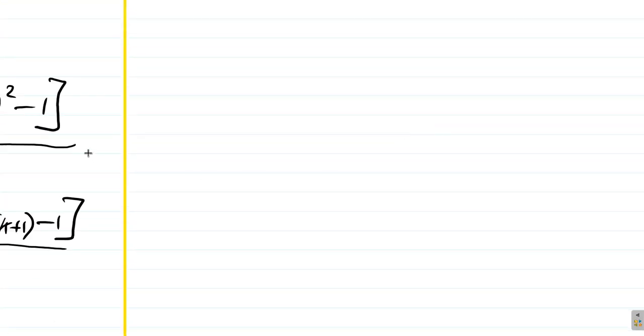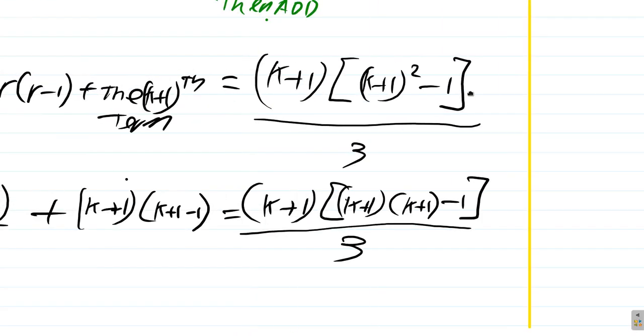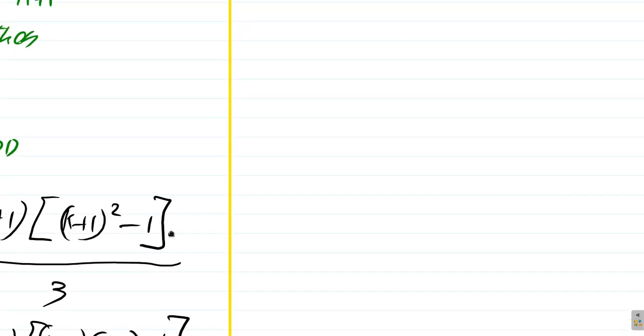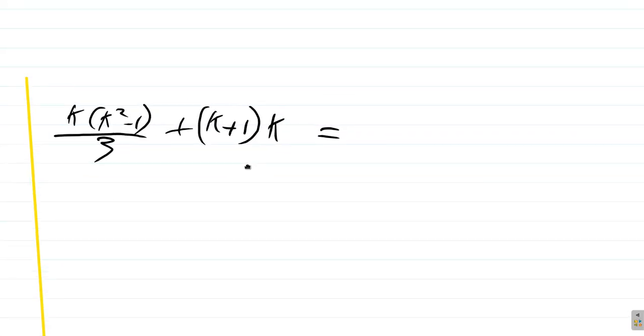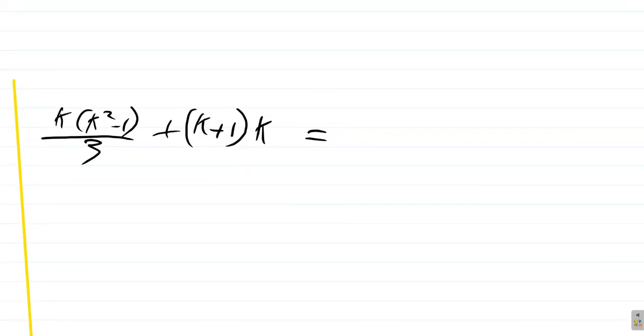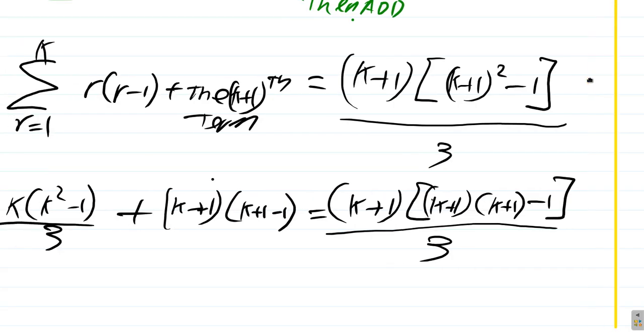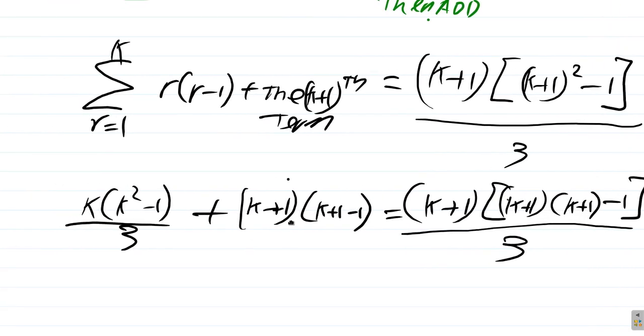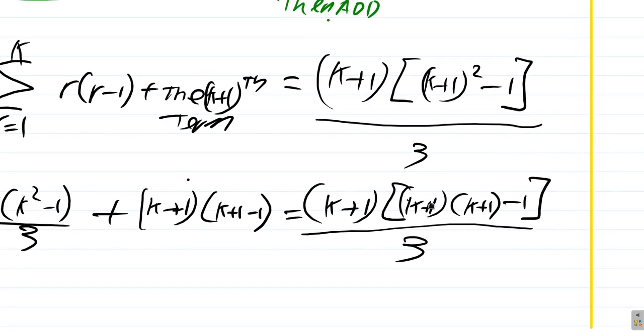And that is equal to k plus 1 open bracket. Then k plus 1 squared is k squared plus k plus k plus 1.